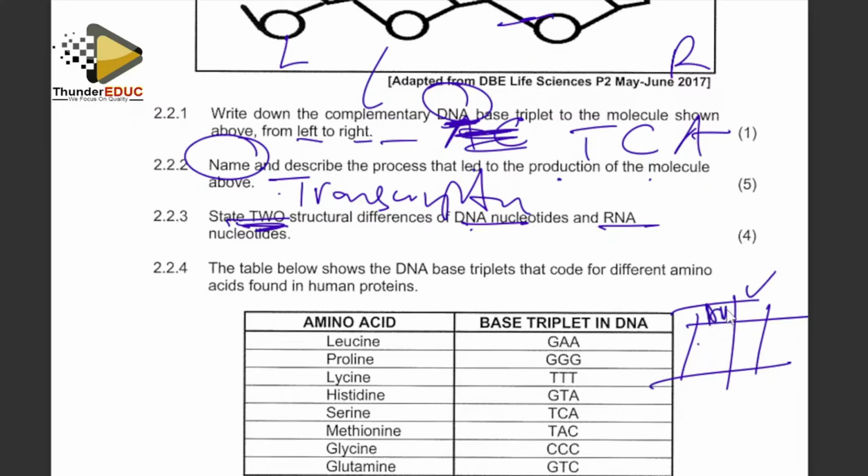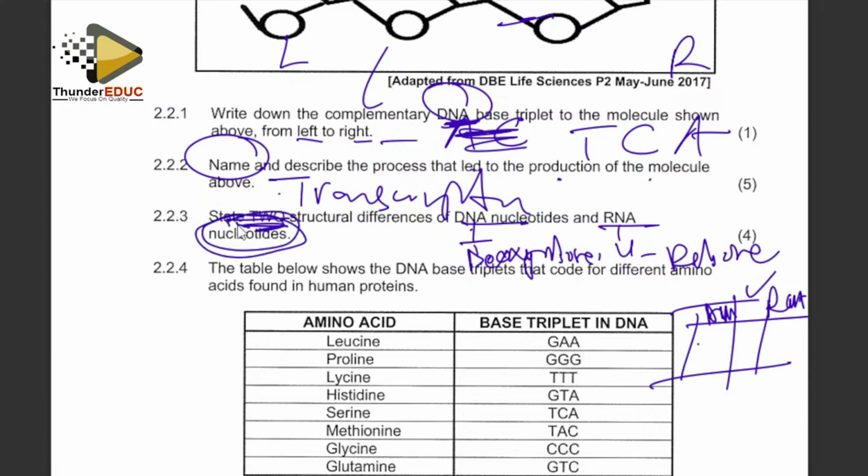So if this is a DNA nucleotide and this is RNA, there are only two points to talk about. Number 1, DNA has thymine, RNA has uracil. Number 2, DNA has deoxyribose sugar, RNA has ribose sugar. There is no other, because they said nucleotide. They didn't say the strand.